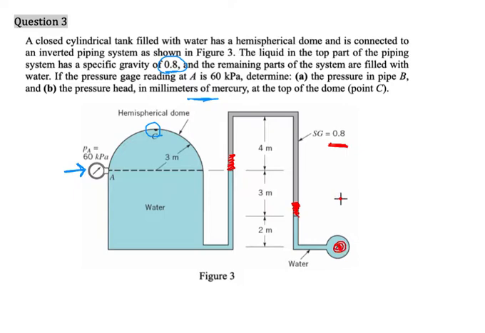Then we could draw a Pascal paradox line at this level. Then we could calculate the pressure by creating an equation of this point and this point.